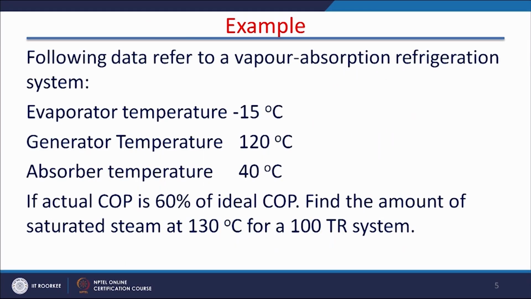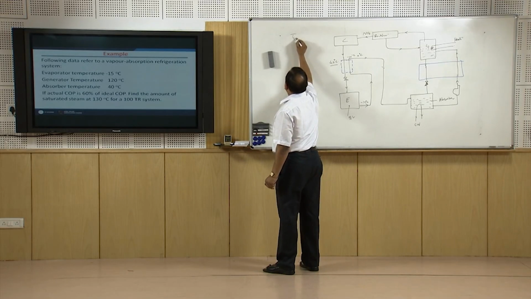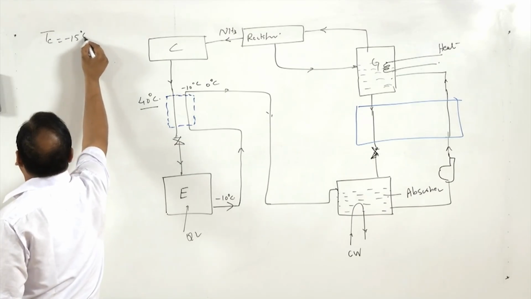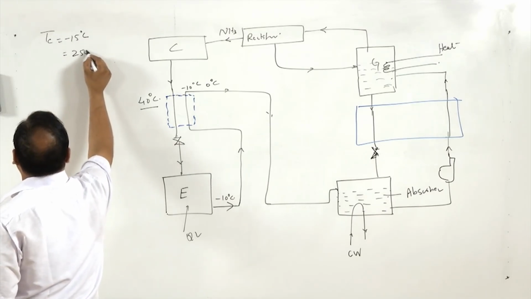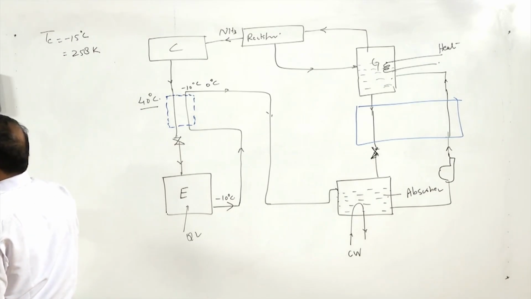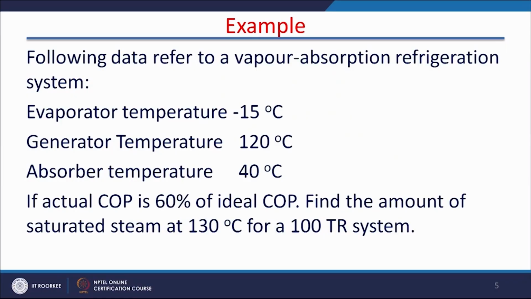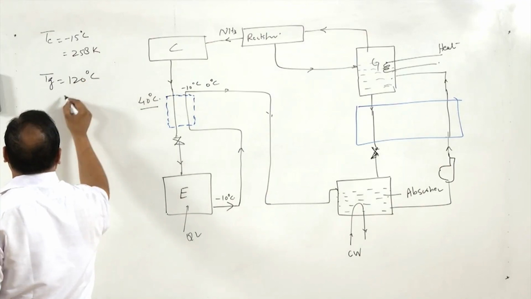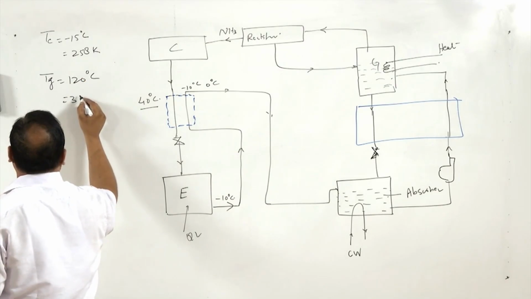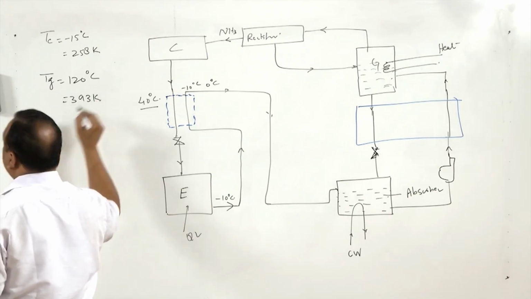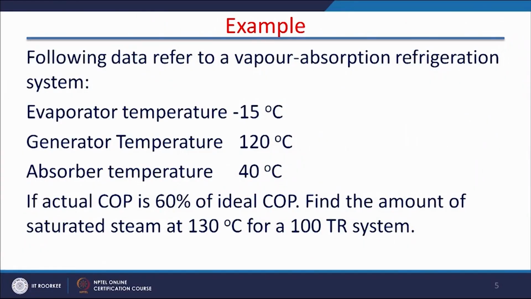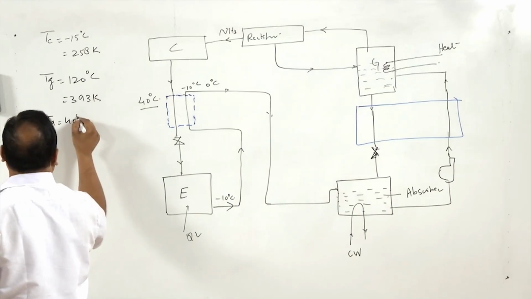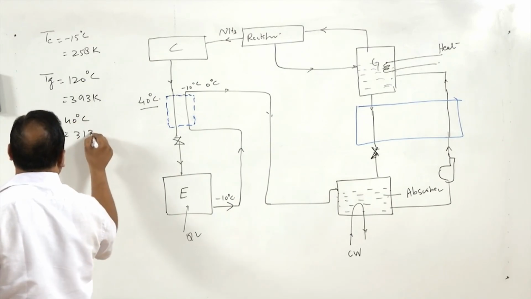Now, I will take one example again. Suppose the following data refer to a vapor absorption refrigeration system, where the evaporator temperature is minus 15 degrees centigrade, that is 258 Kelvin. Generator temperature is 120 degrees centigrade, that is equal to 393 Kelvin, and absorption temperature is 40 degrees centigrade or 313 Kelvin.